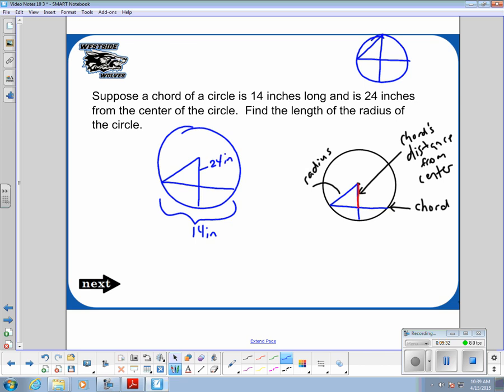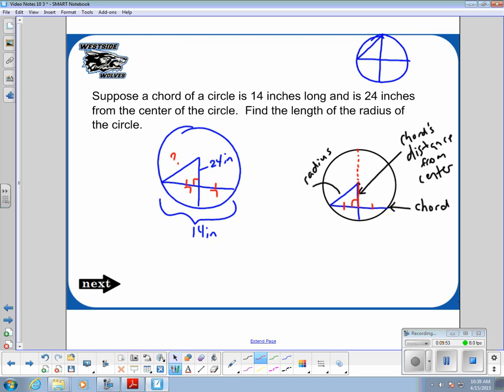Now let me remind you of a few things. Back here at the Schroeder 4, this can be considered a diameter, and if it's a diameter, it's going to be perpendicular and bisect that chord. So that means we have a right angle here, and we bisect it, so this is 7 and this is 7, and this is what we're looking for.